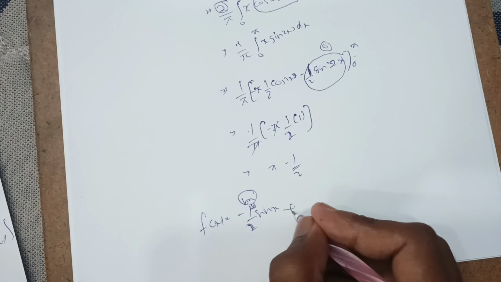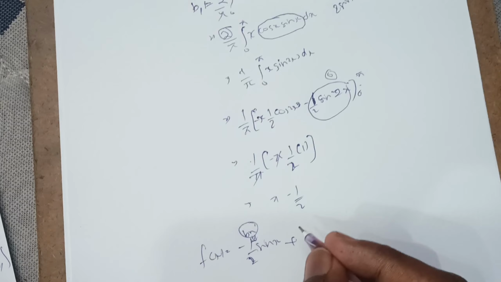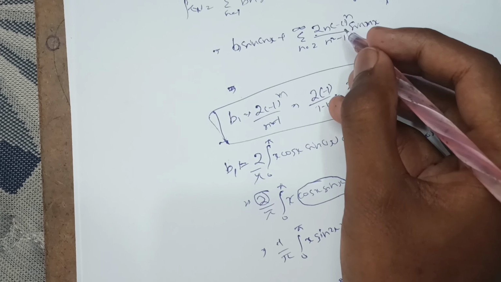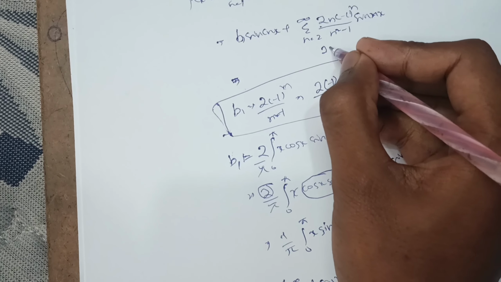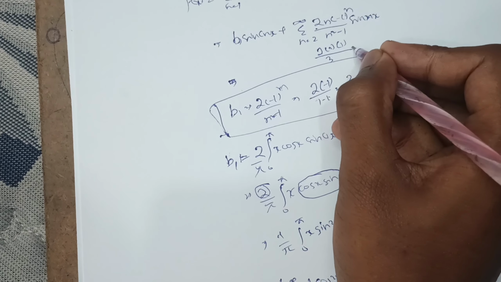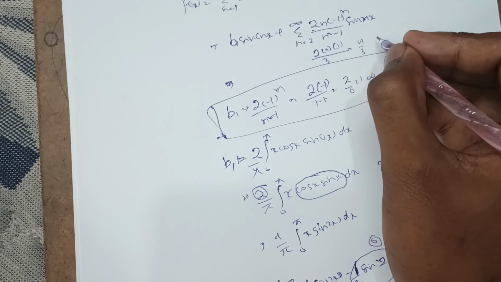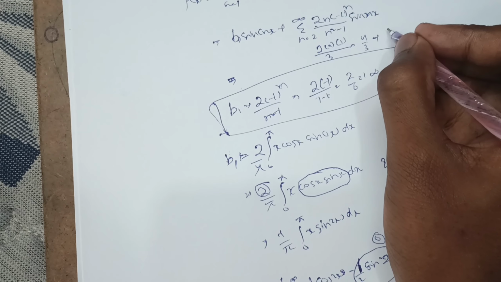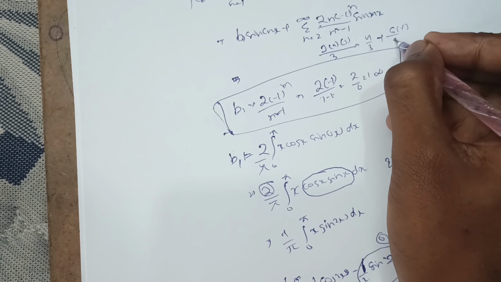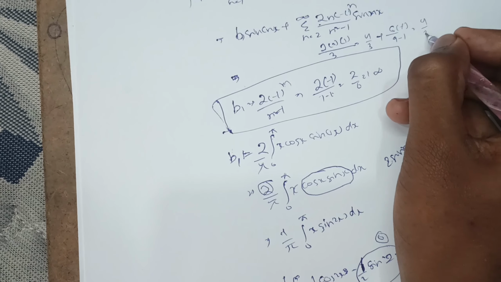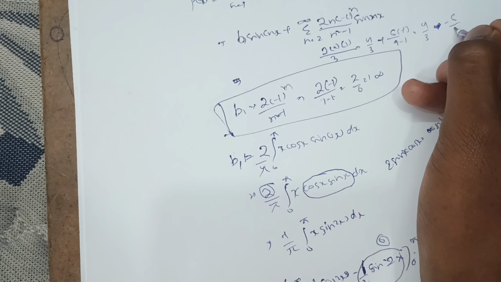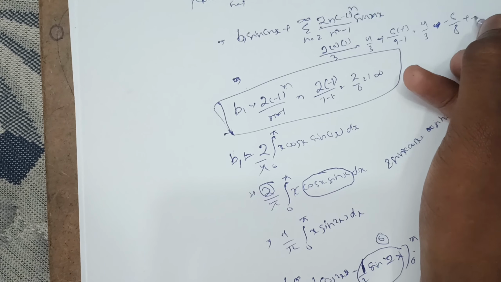So next plus, see here, the series will be expanded up to 2 into 2 into 1 by 3, 4 by 3, plus 6 into minus 1 by 9 minus 1 equal to 4 by 3 plus, into minus will be minus 6 by 8 and so on up to infinity.